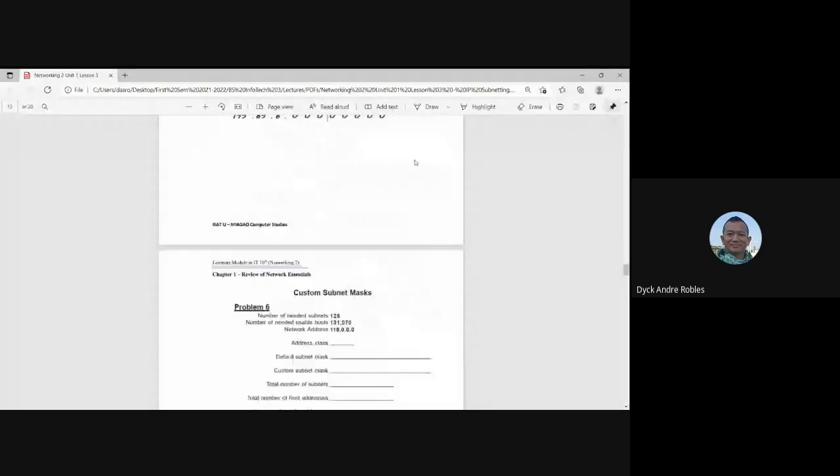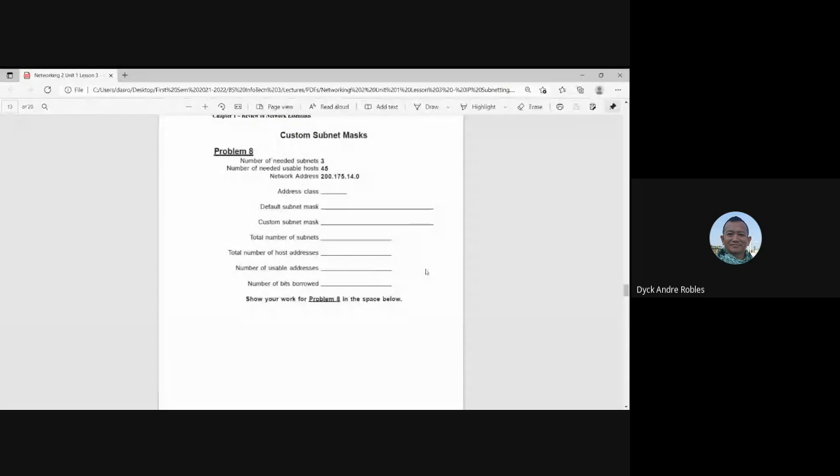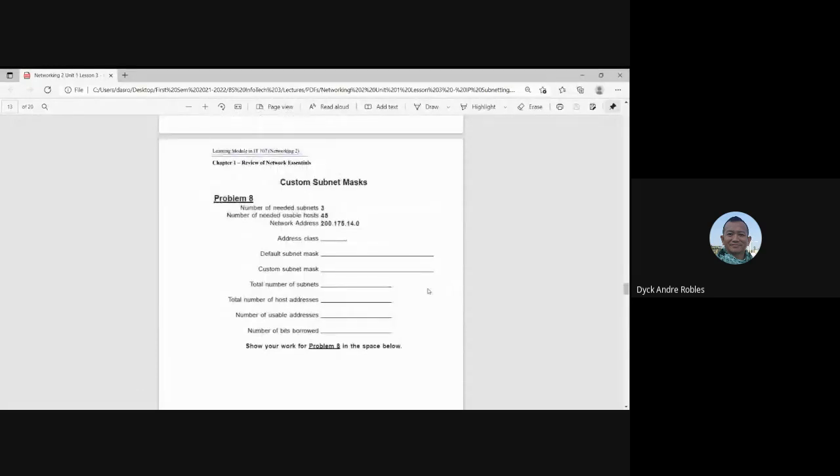Okay? Your third activity is this problem. Problem 8 has three subnets as a requirement, 45 usable hosts as a requirement, and this network address.